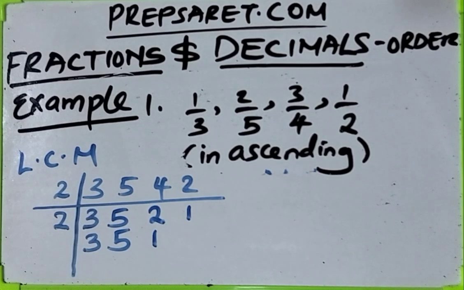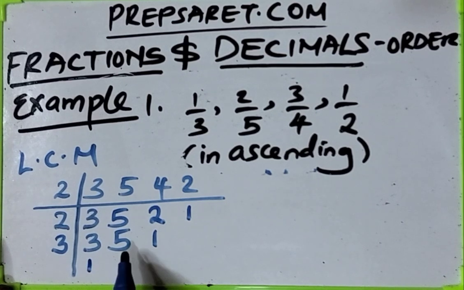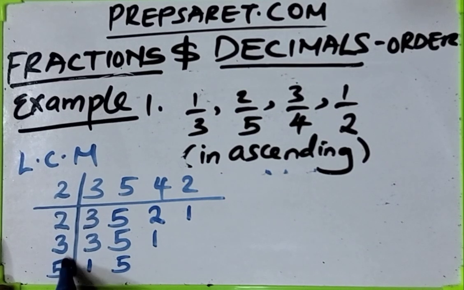Now from 2 we move to 3. 3 divides 3, you get 1, but 5 cannot perfectly divide by 3, so it remains as 5. Finally, we write 5 because now it is the only value that is remaining, and 5 divided by 5 is 1.